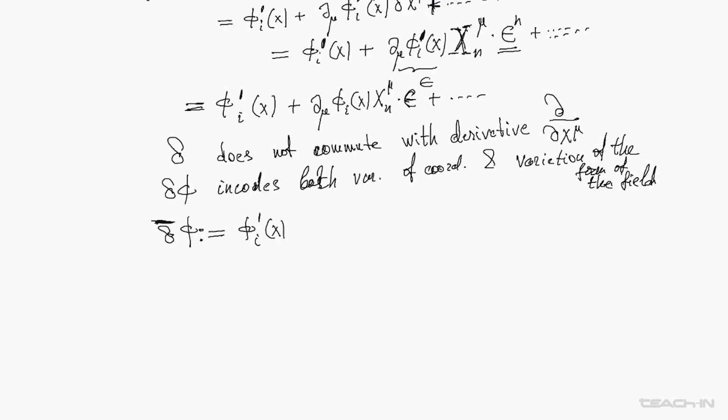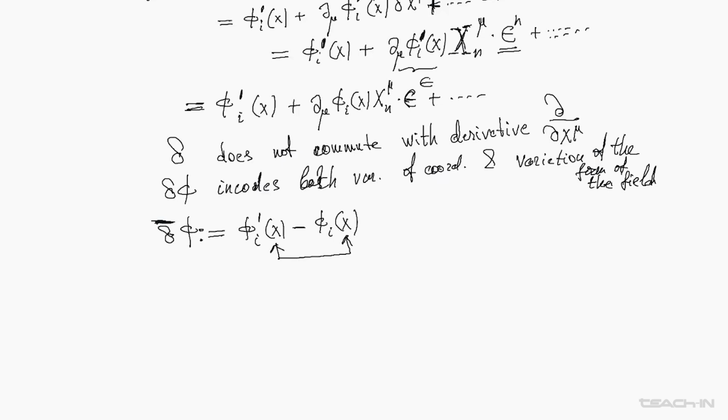In other words, I watch how the form of the field changes, keeping the field at one and the same point. The space-time point is kept untouched, and I consider the difference between the primed field and the unprimed field at the same space-time point.